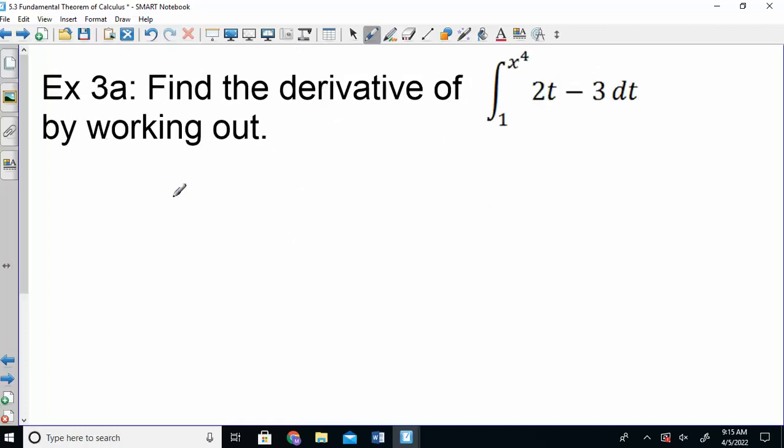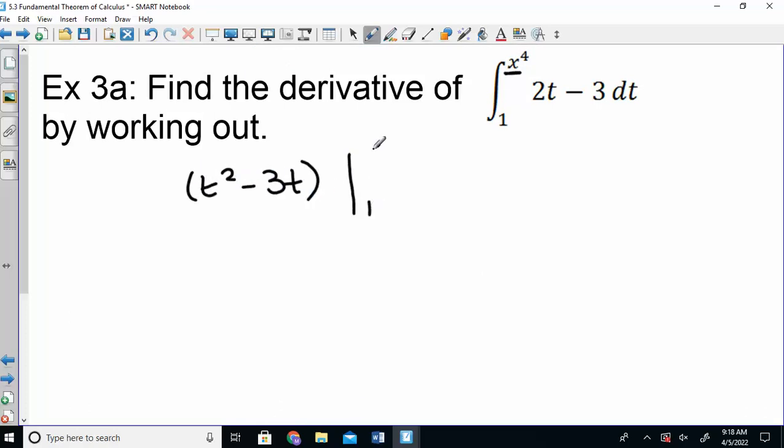So I want you guys to try this one by working it out, because this is an x to the fourth, so that's a little bit different. So I want you to first do the antiderivative, then do the derivative. I'll give you a second to try that. So the antiderivative of this would be t squared minus 3t.